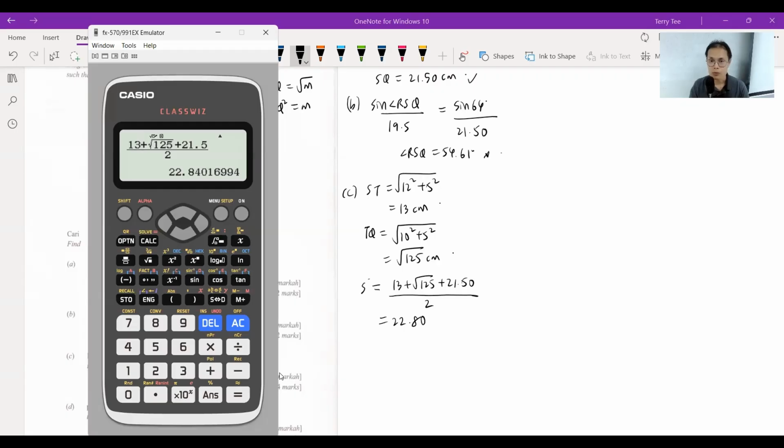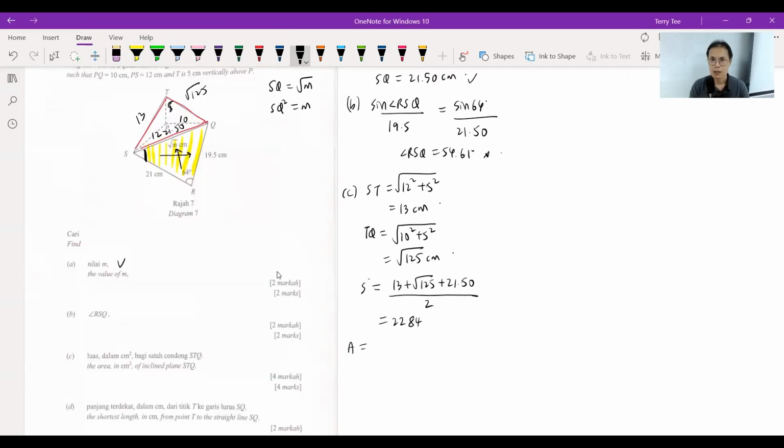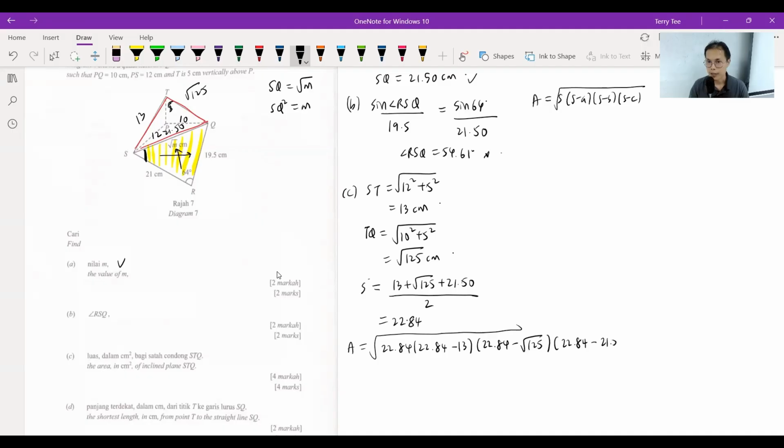I want to show you how to use the answer button to calculate this. Remember, Heron's law works like this. The formula is the square root of S minus A, S minus B, S minus C. I know my S here is 22.84. Then we take the difference between this and the first side, which I start with 13, then the second side, square root 125, and the third side, 22.84 minus 21.50.